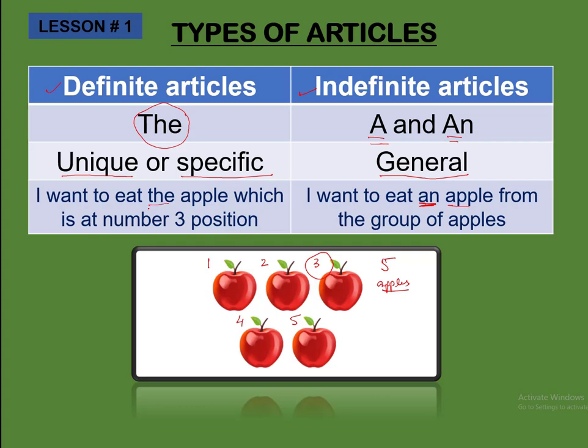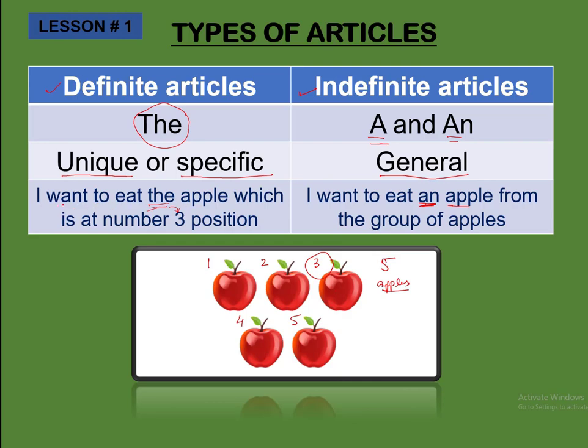Now this is specifically pointing towards the apple at position number 3. So when the thing is known, you are going to eat something and its location is known to you, for example the apple at position number 3, I will have to add the, not a or an. So I want to eat the apple.